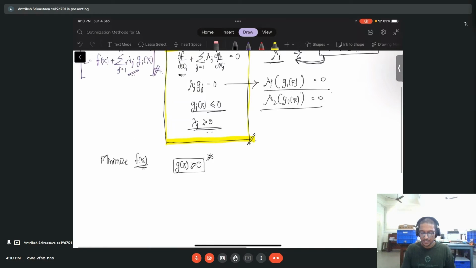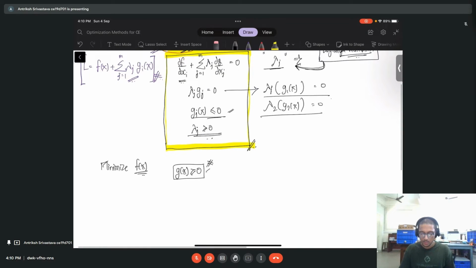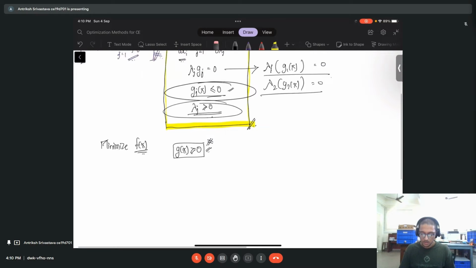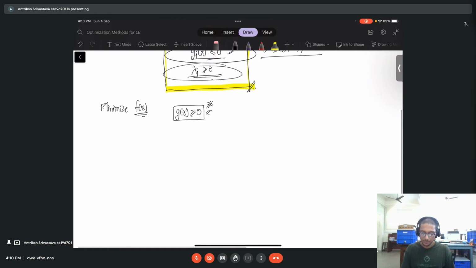Previously we had less than or equal to 0. When we have greater than or equal to 0, then what you have to do is simply reverse this sign and this sign. So let me write it more cleanly. First we have our differentials with the normal variables that we have.